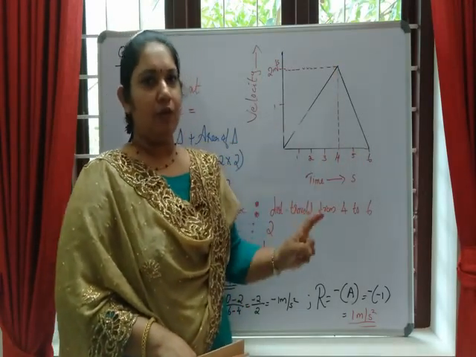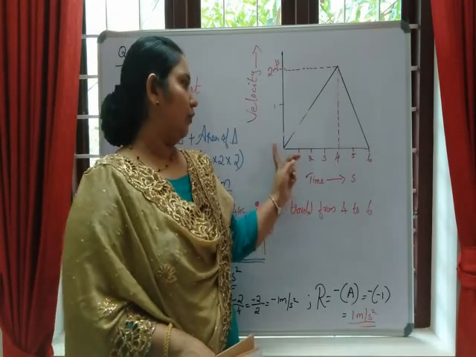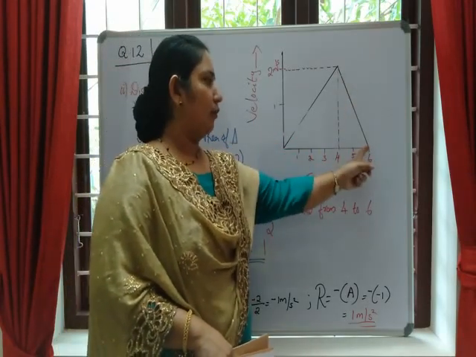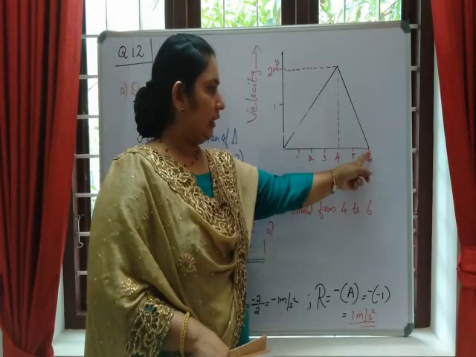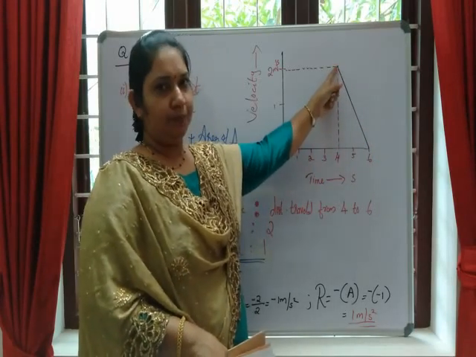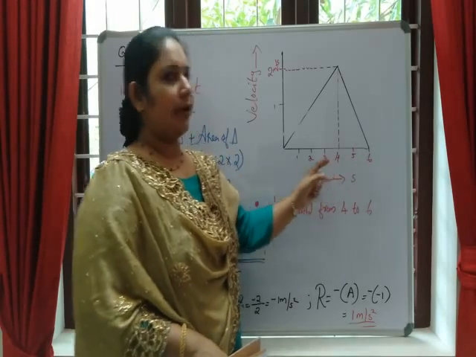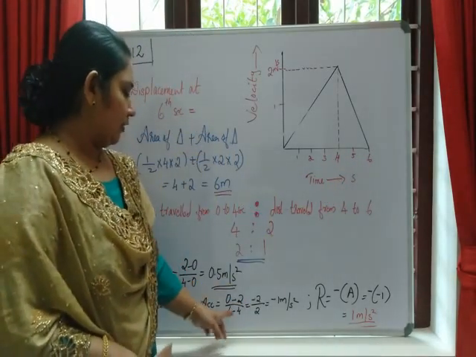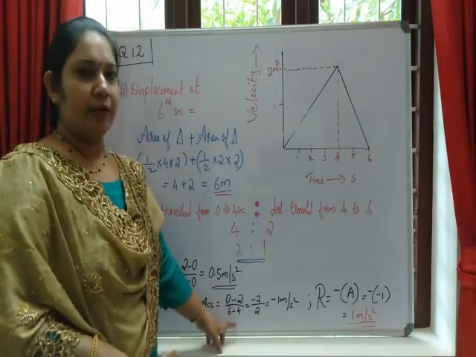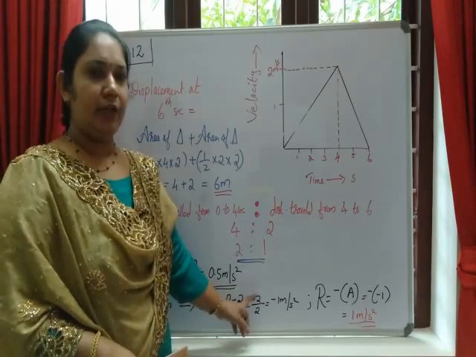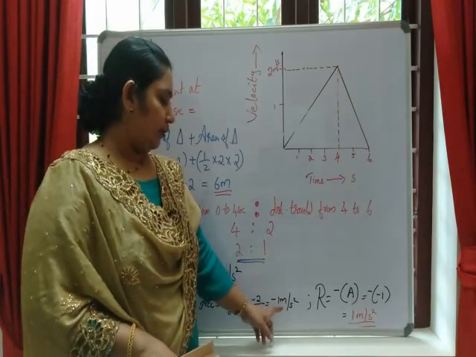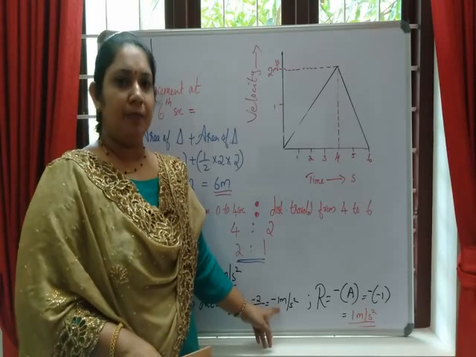So final velocity we should take as 0. At the 6th second, ball comes to rest. Velocity is 0. So 0 minus 2 divided by final time minus initial time, 6 minus 4. 0 minus 2 is negative 2 by 2. You will get negative 1 meter per second square.